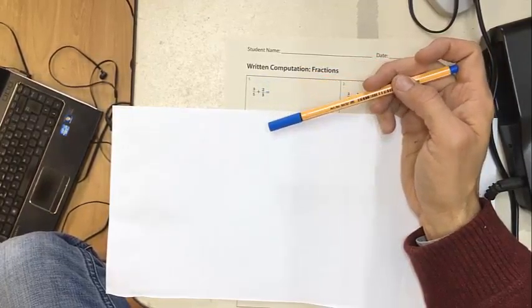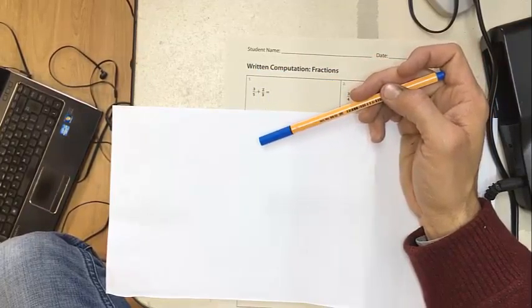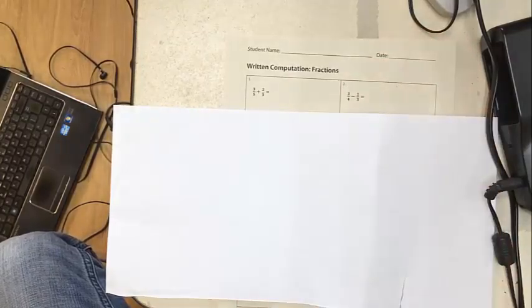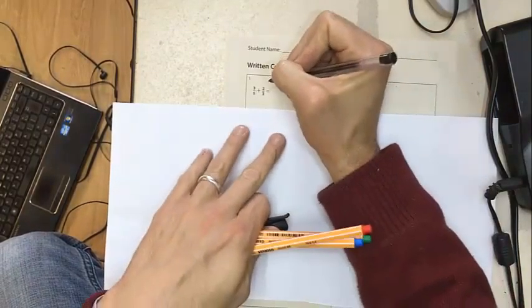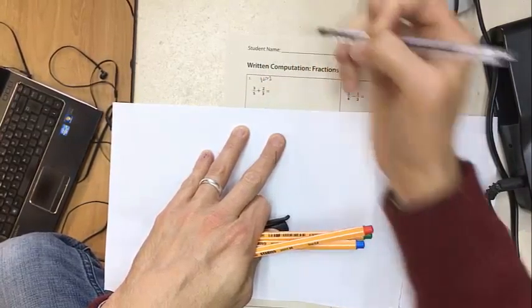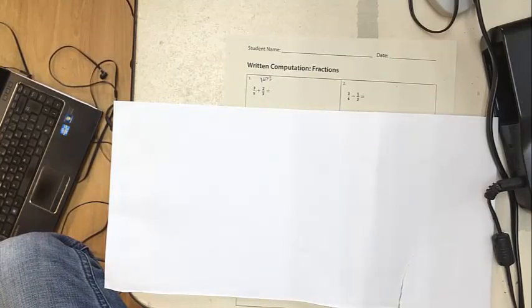It's going to be less than 2 because 2/3 is less than 1 and 3/5 is less than 1, so there's no way it's going to be 2. So I know my answer as a starting point is going to be somewhere between 1 and 2. So I know that for sure. If I get an answer less than 1 or more than 2, I know I haven't done it correctly.